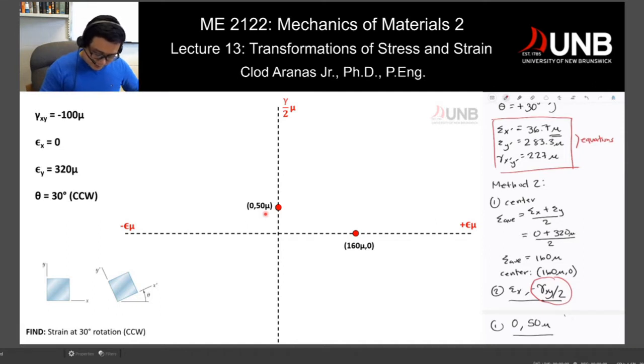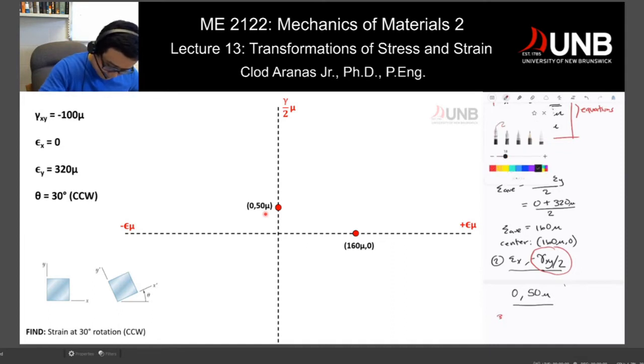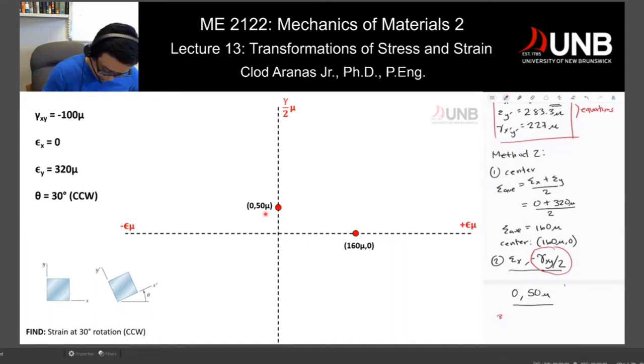Now that we plot the first point, the second point will be: plot epsilon y, positive shear strain over 2. Now it's a negative number there, negative 100, which would give us a second point.